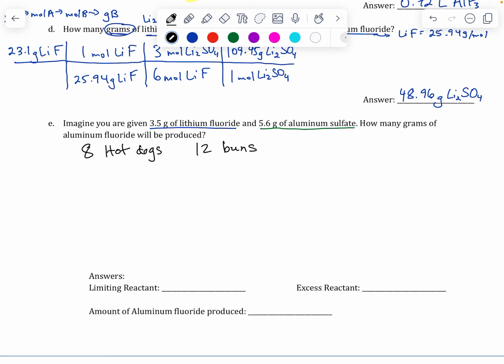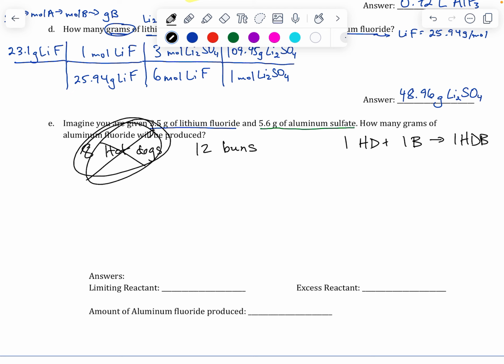Well, an equation, if we wanted to, is 1 hot dog plus 1 bun gives us a 1 hot dog bun, hot dog with bun, right? So we have to figure out, okay, based on that recipe, right? Well, what is going to run out first? And obviously, you see, since it's 1-to-1, these hot dogs are going to run out first.